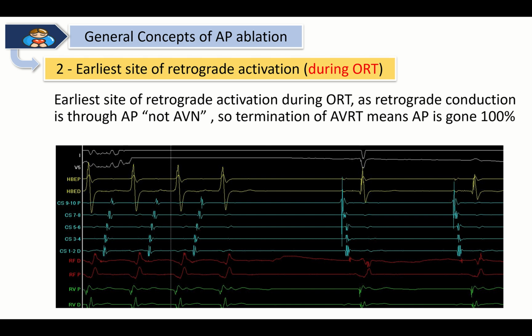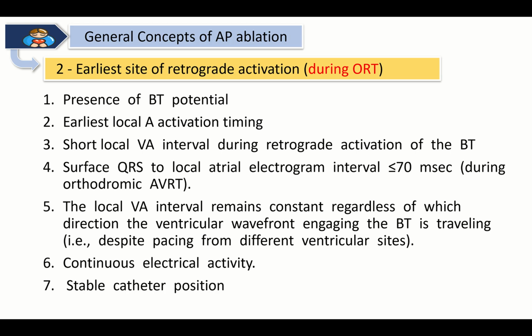This we should know, and this is the second approach. When we decide to map during retrograde activation, ideally try to map during orthodromic reciprocating tachycardia and see the earliest retrograde A. We know retrograde conduction is through the accessory pathway, so we know the place and we can localize. And when you ablate during AVRT and terminate the tachycardia, what does it mean? The accessory pathway is gone 100%.